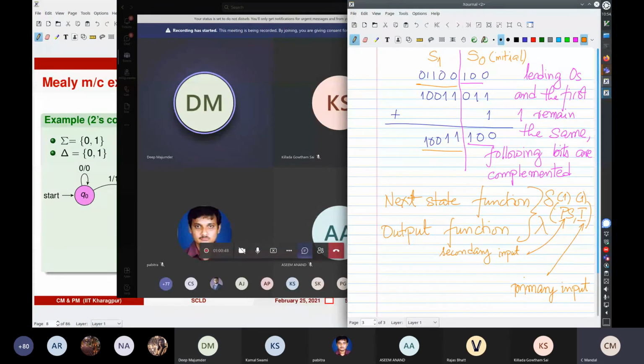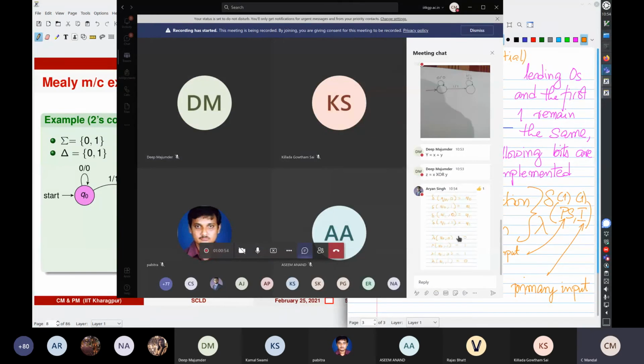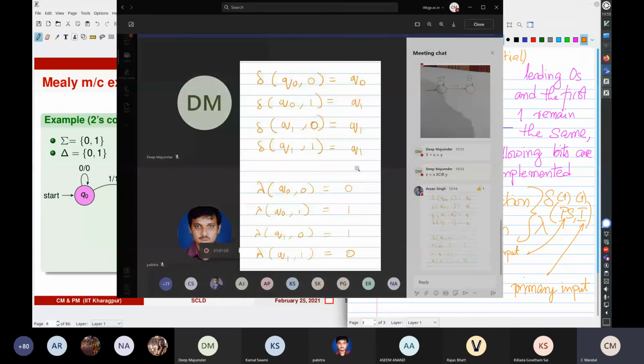So I've not yet seen anyone posting it. Has anyone? Okay, someone has posted. So let us look at this. If you're in the present state for a 1, that's all right. And the output function, if you have a 0, if you have a 1, so that is fine.